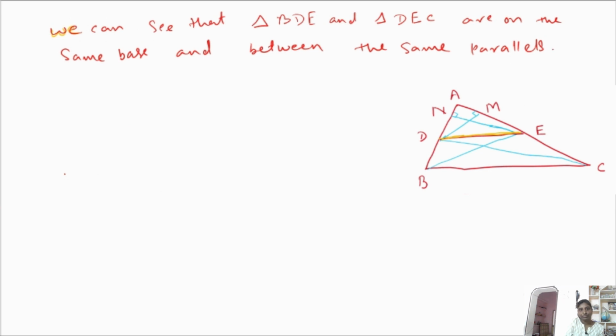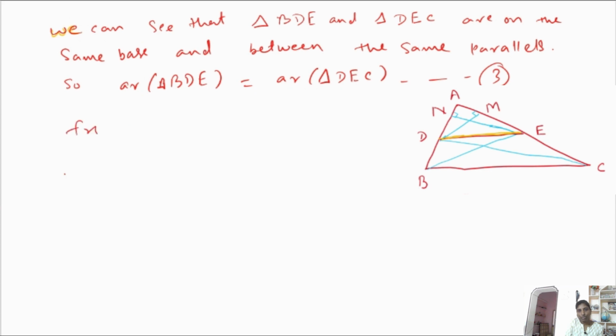So area of triangle BDE is equal to area of triangle DEC. We can name it equation number 3.